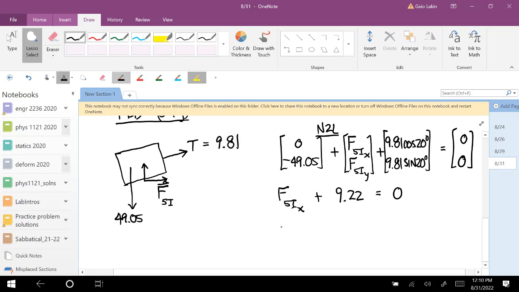And the second equation, negative 49.05 plus F5iy plus 9.81 times sine of 20 comes out to be 3.36.